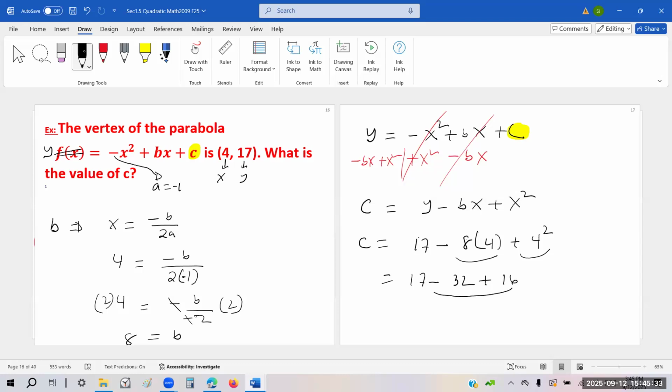Now this gives us -16. 17 minus 16. So how much is our c? 1, right? Did I make a mistake? No. That's how we find c. What you can do is 16 plus 17 and then minus 32.